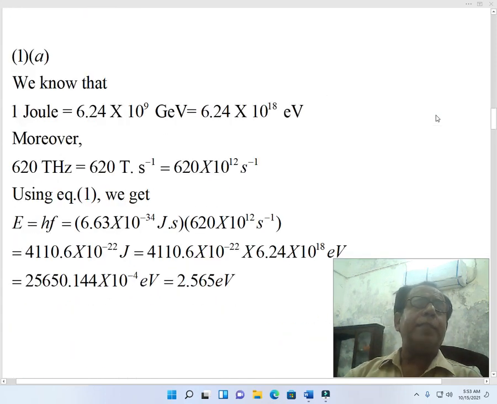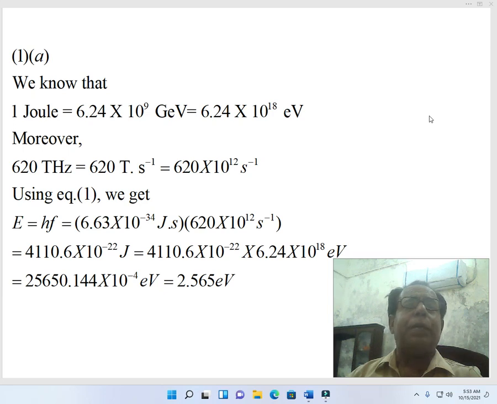Now we come towards part A of first part. We know that 1 joule is equal to 6.24 into 10 raised to the power 9 giga electron volt, which alternatively becomes equal to 6.24 into 10 raised to the power 18 electron volt, because giga stands for 10 raised to the power 9, and 10 raised to the power 9 into 10 raised to the power 9 will become 10 raised to the power 18 electron volt.